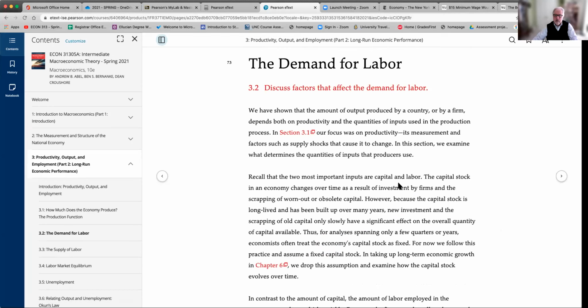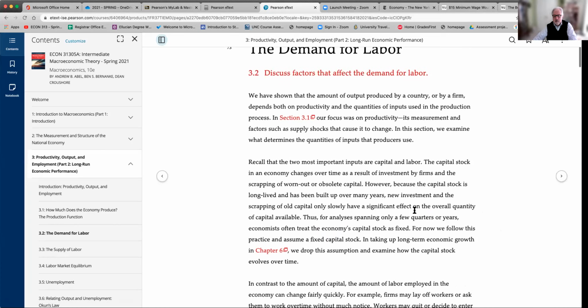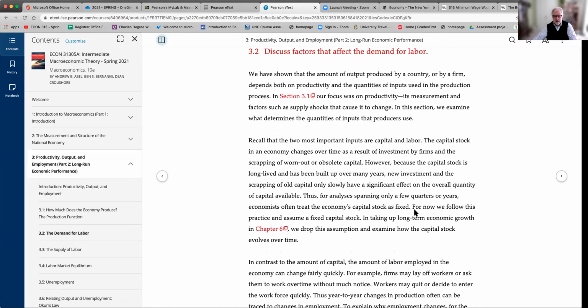So we can then talk about the demand for labor, and we can do that in terms of the profit maximization rule for firms. They want to hire labor as long as the marginal product of that labor, the additional labor they hire, is greater than what it costs them, the real wage in this case. So they want to keep producing more as long as the marginal benefit is greater than the marginal cost.